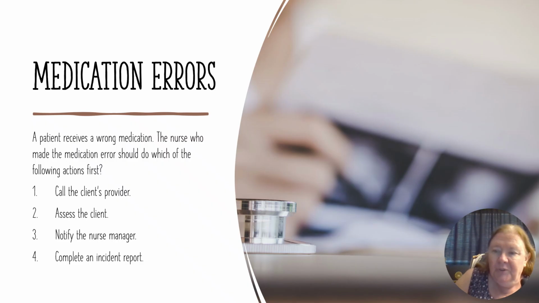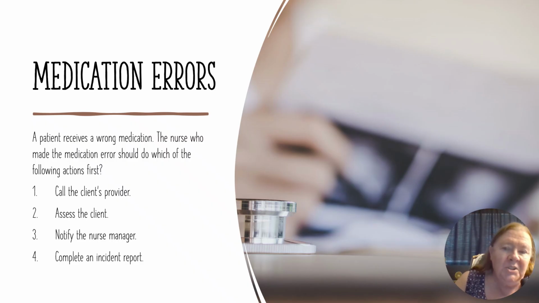The first action the nurse should take using the nursing process is to assess the client. The nurse must first determine whether or not the error has caused the client any harm, and also provide any relevant nursing interventions that are going to be needed for the patient who has received the wrong medication.